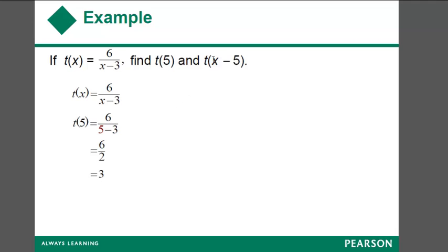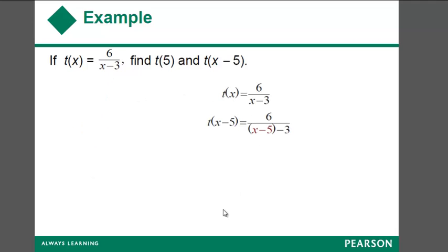Now I want to find t of x minus 5. What this says is I'm going to replace this x right here with x minus 5, as shown here. Again, I have rewritten the original problem, and right underneath it I replace the x with the entire x minus 5.